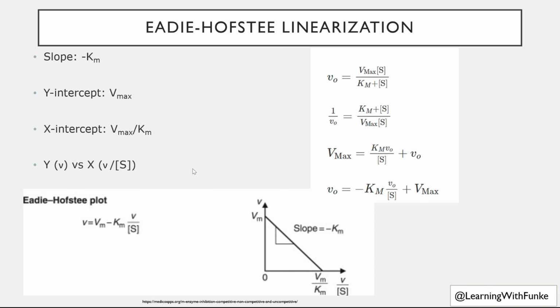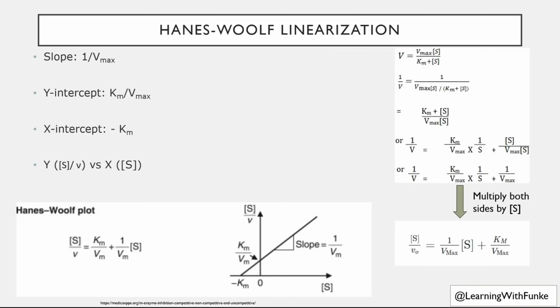The x and the y-intercept might change, right? Because for non-competitive, since Vmax is reducing, your y-intercept will reduce. So you'd have something for non-competitive where your Vmax is reduced, but your slope will be the same. So those are the things you would think about in terms of how you would expect the trends to change.